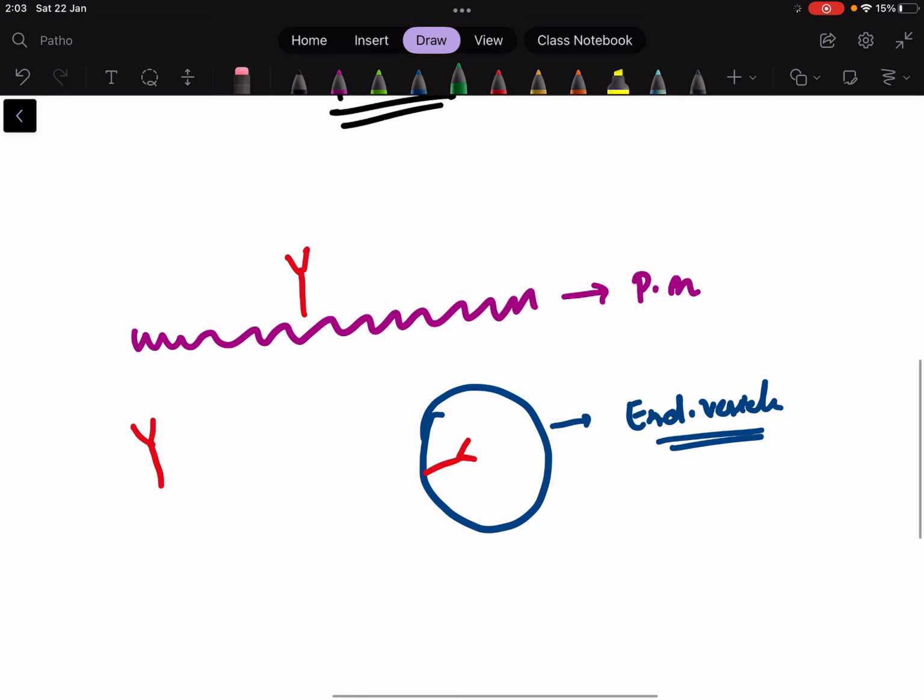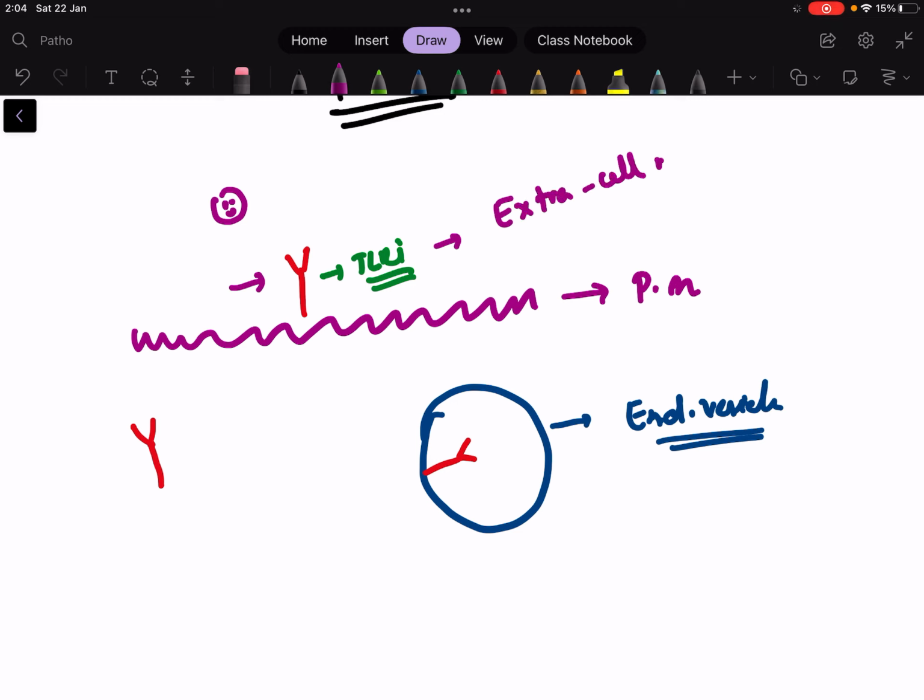The answer is simple. Suppose this is a toll-like receptor present on the plasma membrane, and suppose there is a microbe here, a bacteria. Obviously, the toll-like receptors on the plasma membrane will get activated and kill this bacteria. So toll-like receptors on the plasma membrane help to kill extracellular microbes.